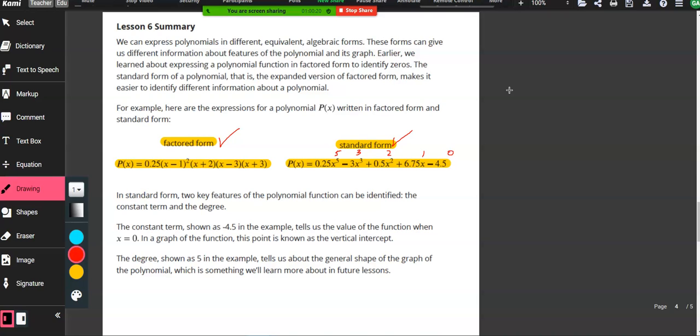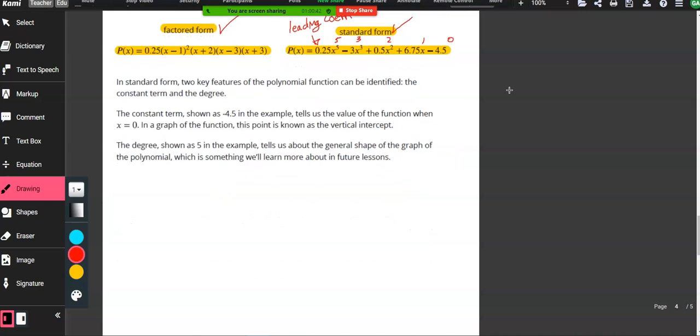That's standard form. And remember that the number in the front here is called the leading coefficient. The leading coefficient is right here. All right.